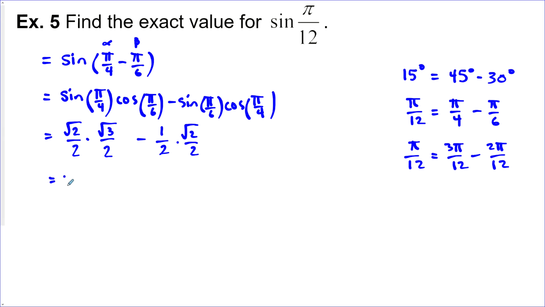We get root 6 over 4 minus root 2 over 4. And putting it together will look nice: root 6 minus root 2, all over 4. Now these are different radicals, so we can't combine them here. So this would be our final answer.